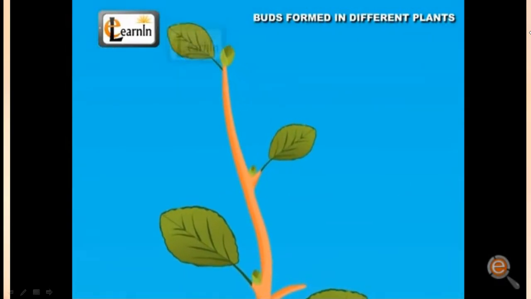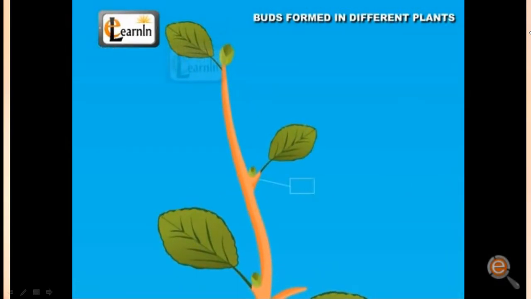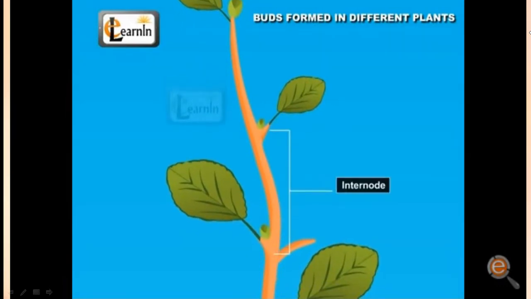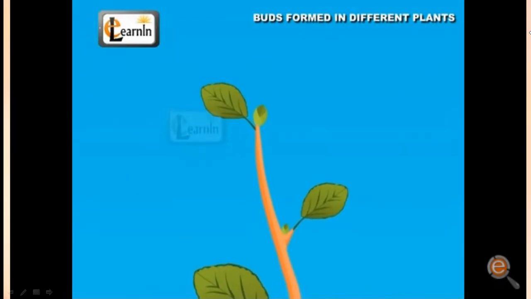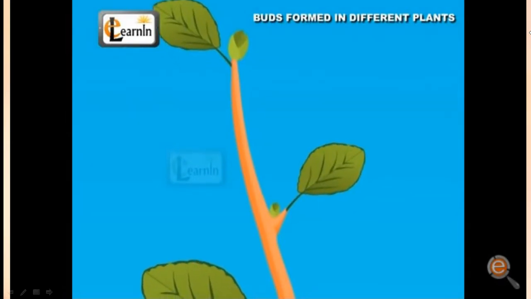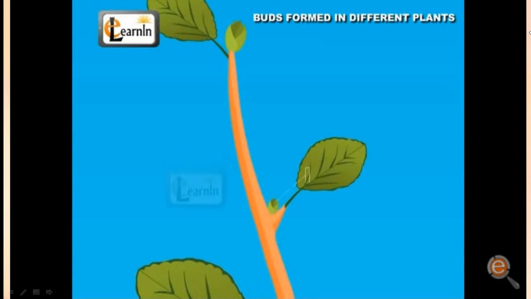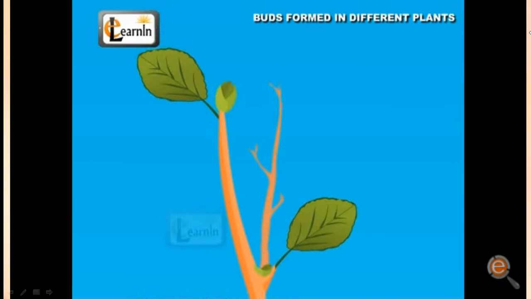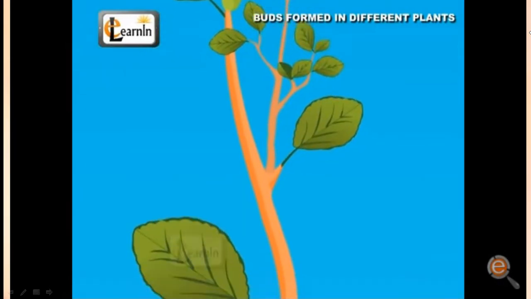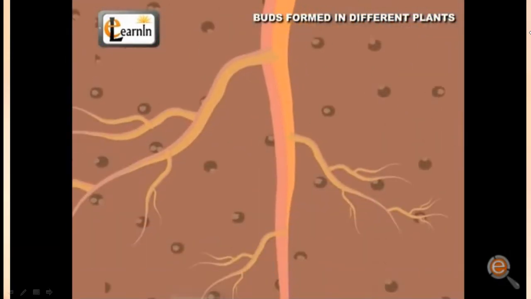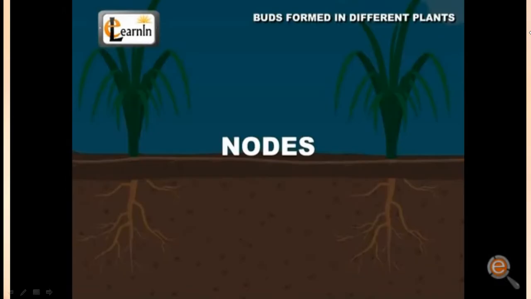The place where a leaf rises on the stem is the node, and the portion between the two nodes is called an internode. The stem ends in a bud known as the terminal or apical bud. Buds are also present in the axil of leaves, known as axillary buds. Buds which contribute for growth are called vegetative buds, and those that give rise to flowers are known as flower buds. Buds can also arise on the roots or leaves.